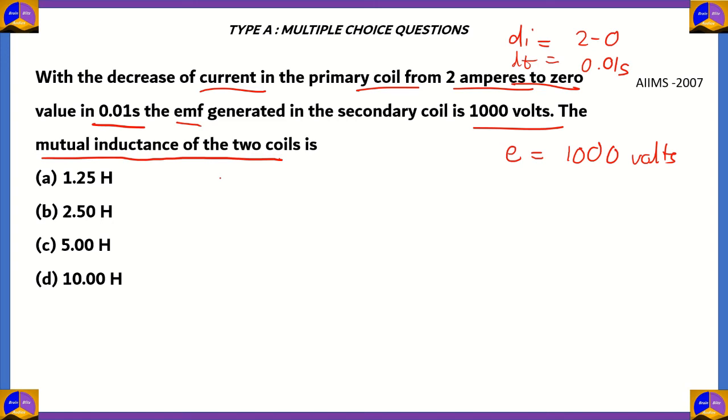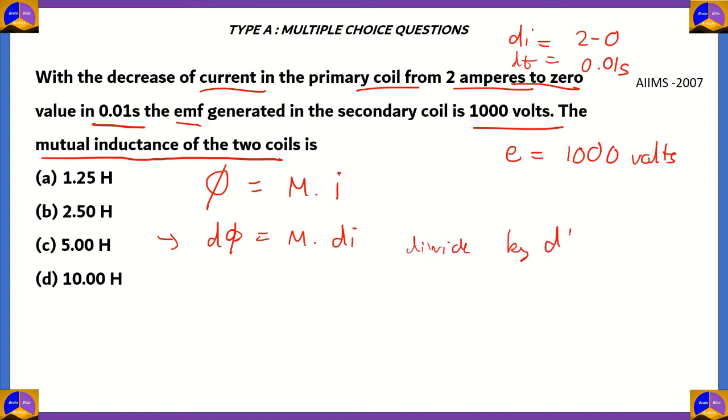Again, we use our first formula. In our first question, we used the formula phi, or magnetic flux, is equal to mutual inductance times current. Again, we substitute phi by d phi, the change in flux, and we substitute I, or current, by change in current. In this case, we divide both sides by dt.